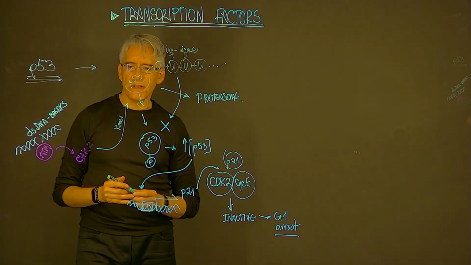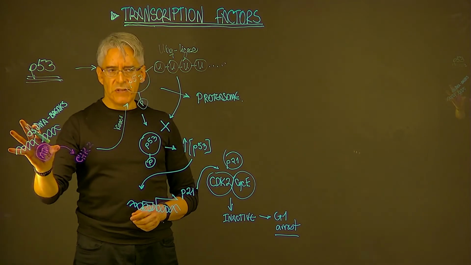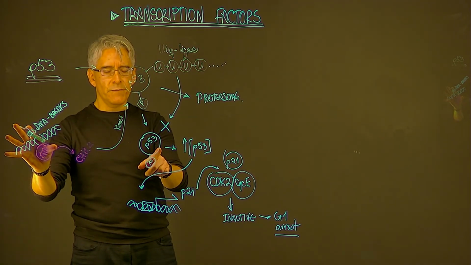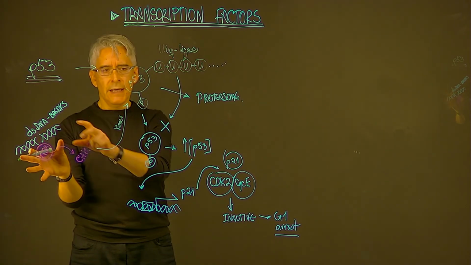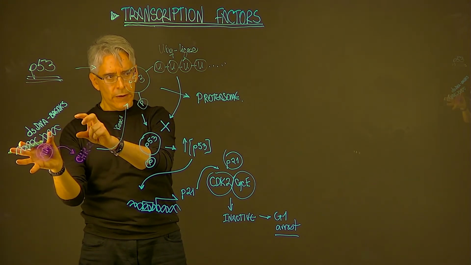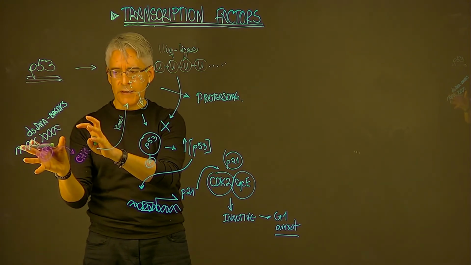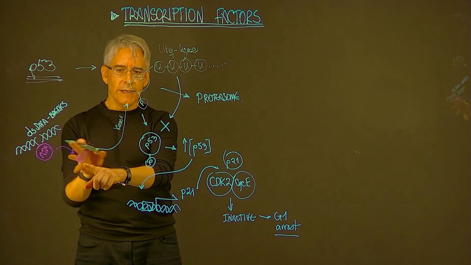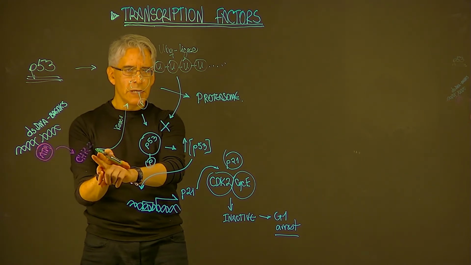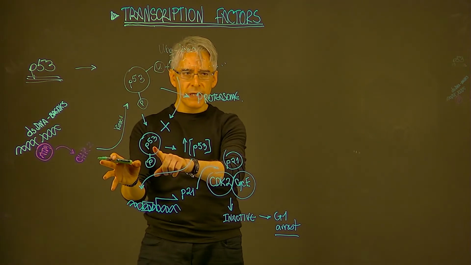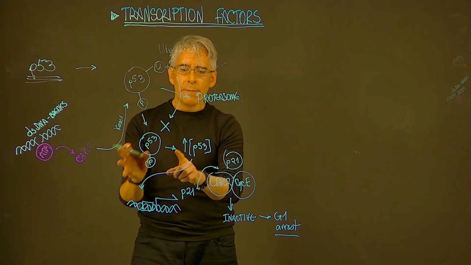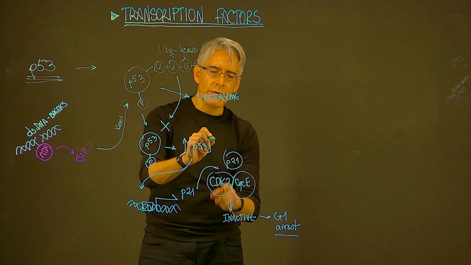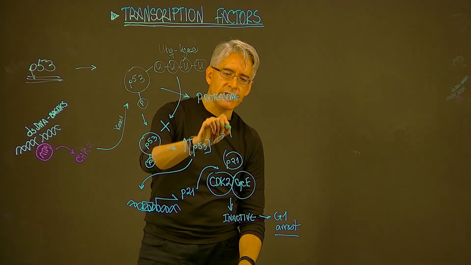Now, if the signal that is triggering the phosphorylation of p53 continues, meaning the DNA damage has not been repaired, Chk2 will continue to be phosphorylated by ATM, and in that form, the check kinase will continue to phosphorylate p53, and therefore p53 will continue to increase its concentration inside the cell.